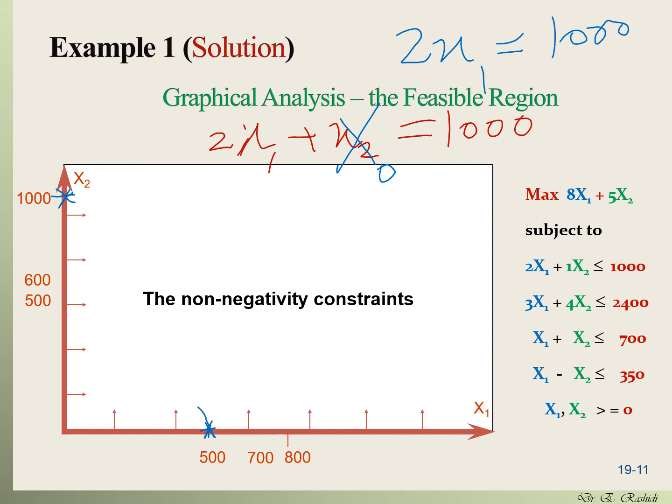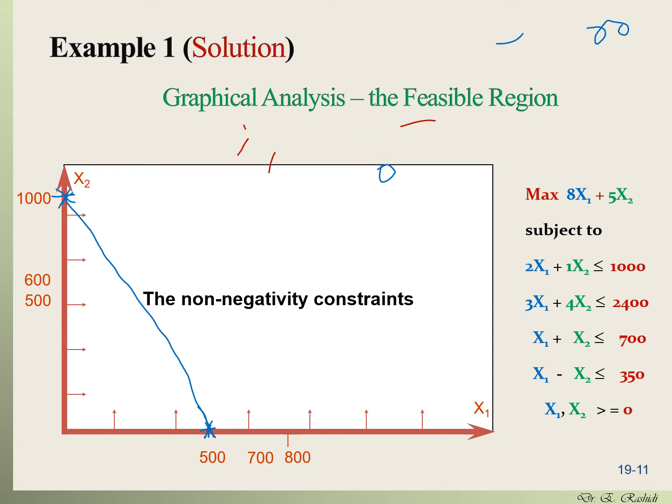Let's go back to the constraint. I'm going to get rid of these steps that we did to draw the line, and focus on 2x1 plus 1x2 less than or equal to 1000. So should it be on this side or this side?